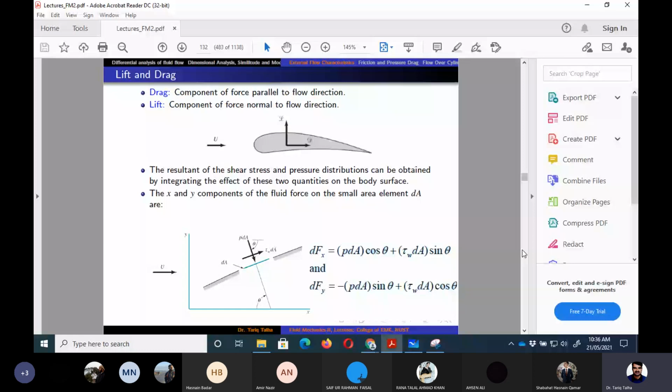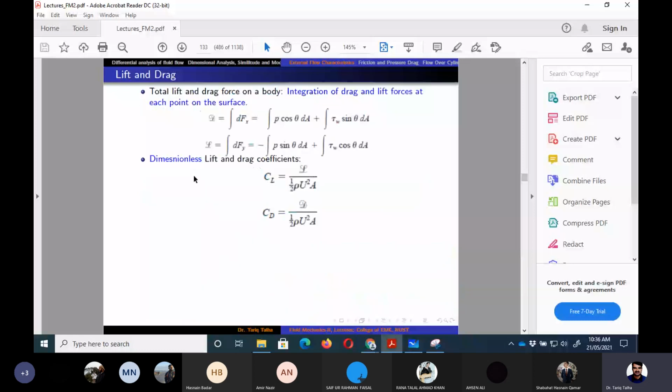And then we can represent these two forces in terms of non-dimensional terms like CL, which is the coefficient of lift, and CD, which is the coefficient of drag. Both are dimensionless properties, and we define them because we want to state how much drag or lift there would be depending upon the shape of the geometry rather than the area.